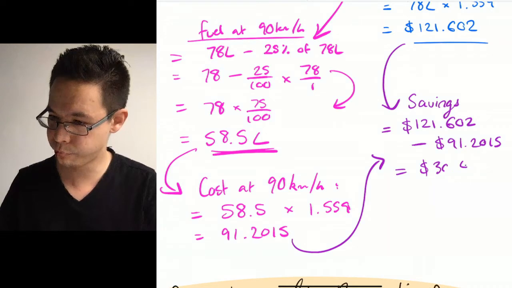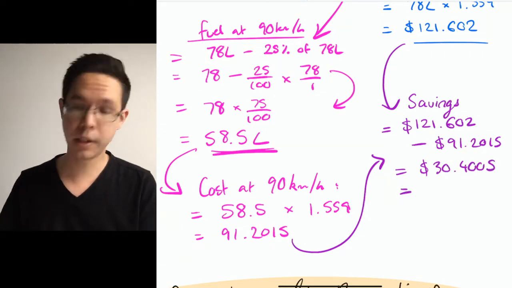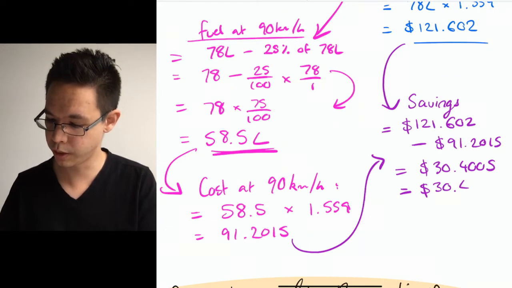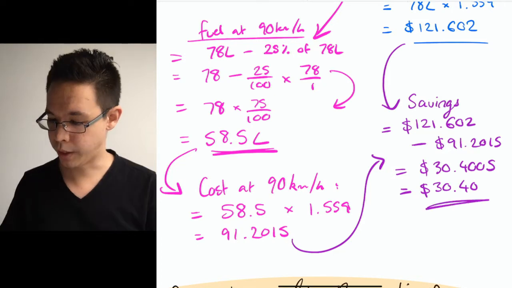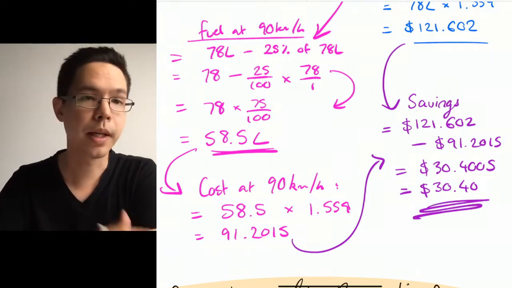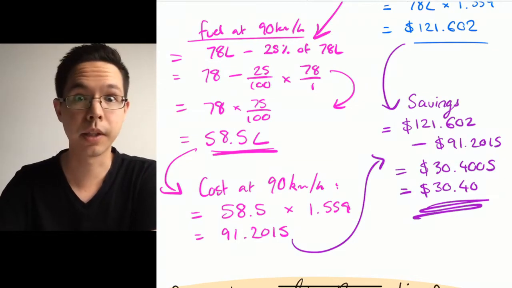And the question says round to the nearest cent, so I'm just going to round off my trailing decimals here. And that's my answer. If I check the answer scheme of the exam, yeah, my answer matches, so that's a positive sign.